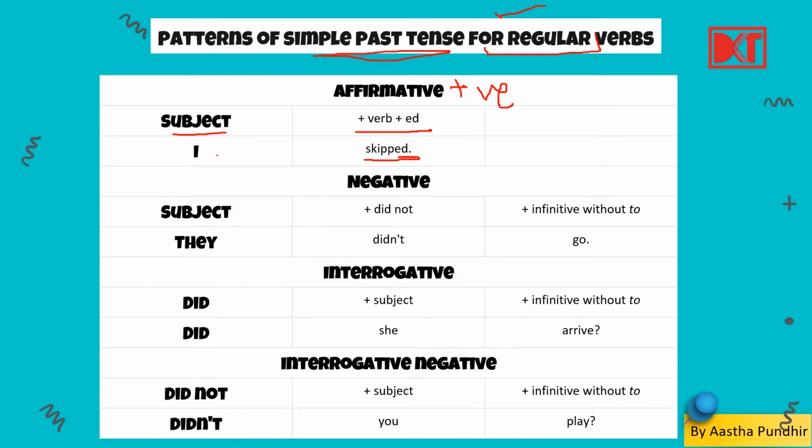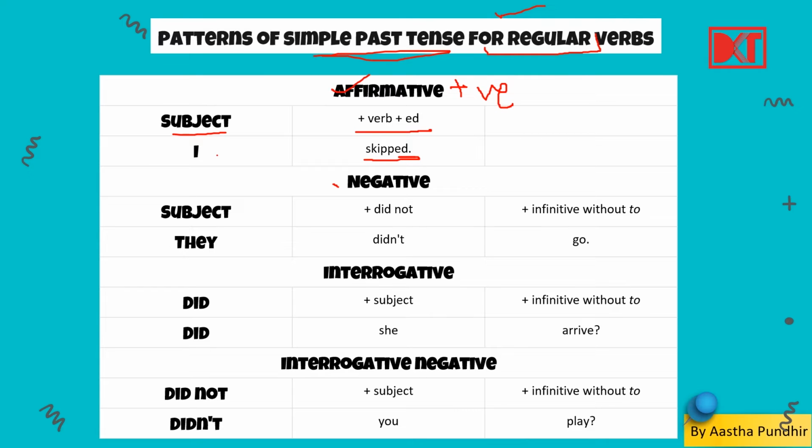Similarly यहाँ पे he होता या she होता तो he skipped, she skipped, they skipped, you skipped, we skipped and they skipped. All right, so this is for the positive.